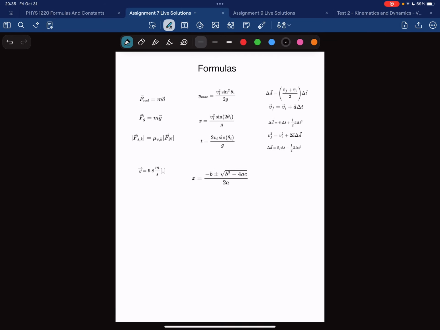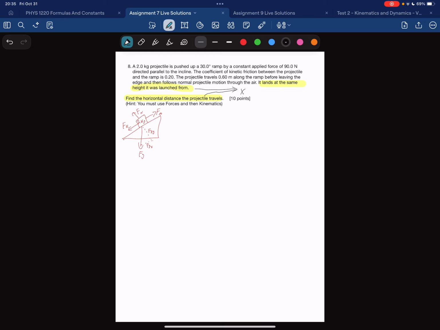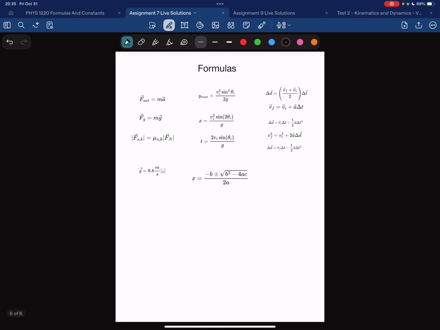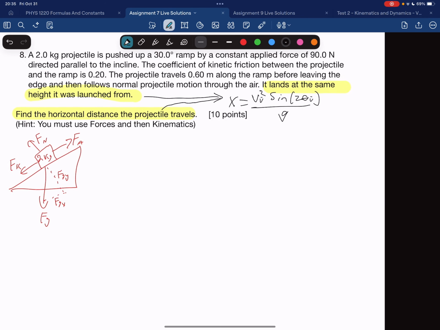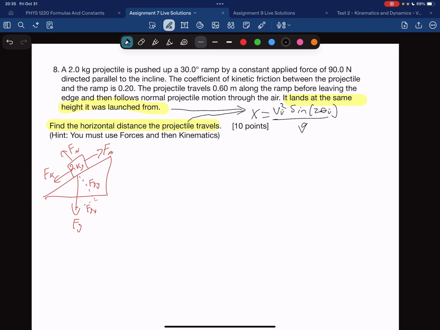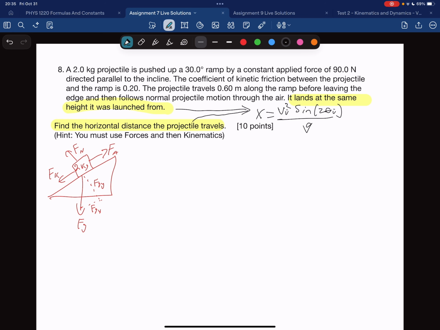This one right in the middle. So, x equals vi squared sine 2 theta i over g. I know I want to use that equation. To do that, I need theta, which I'm given, that's 30 degrees.